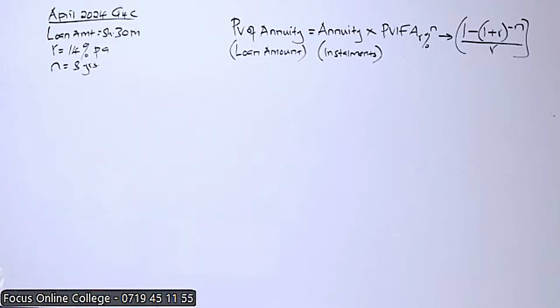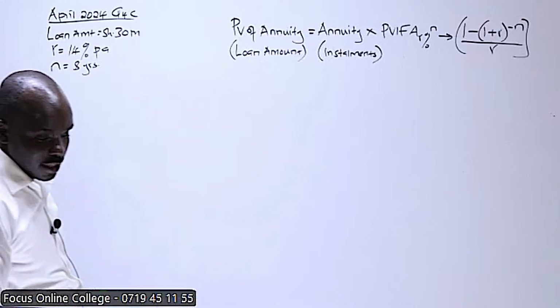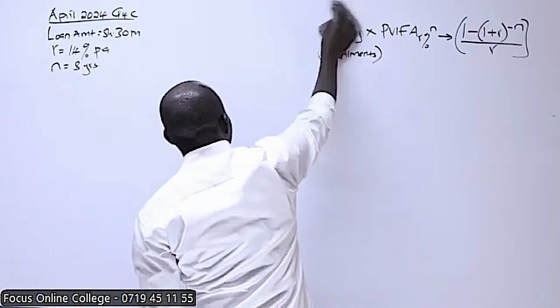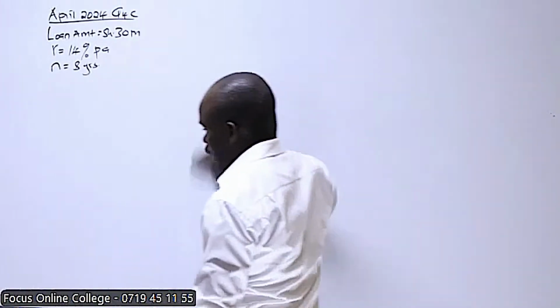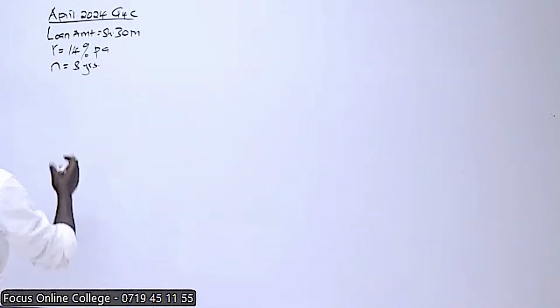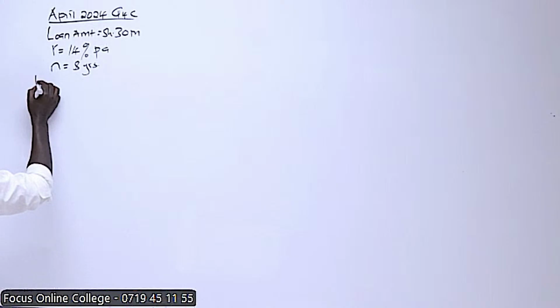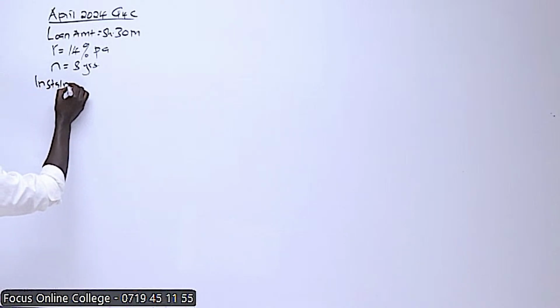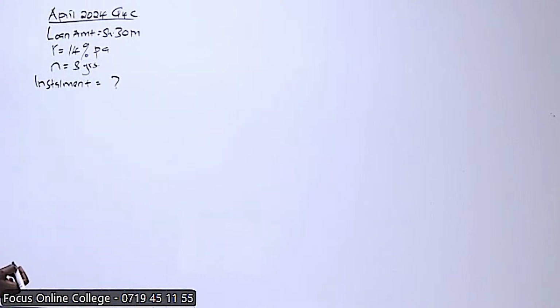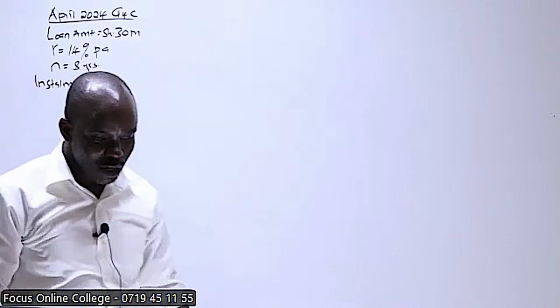So we will start by getting the installments. Like I've said, the most important thing is to get the amount of the installments. So here, what we are lacking is the installment. We're also very lucky that the repayment is annual.